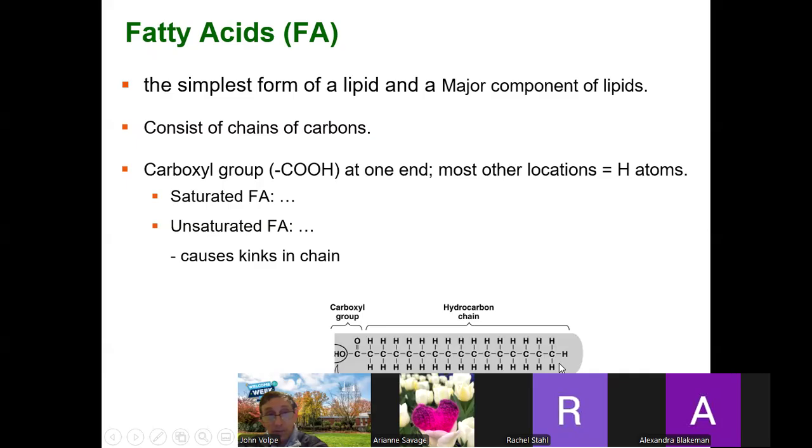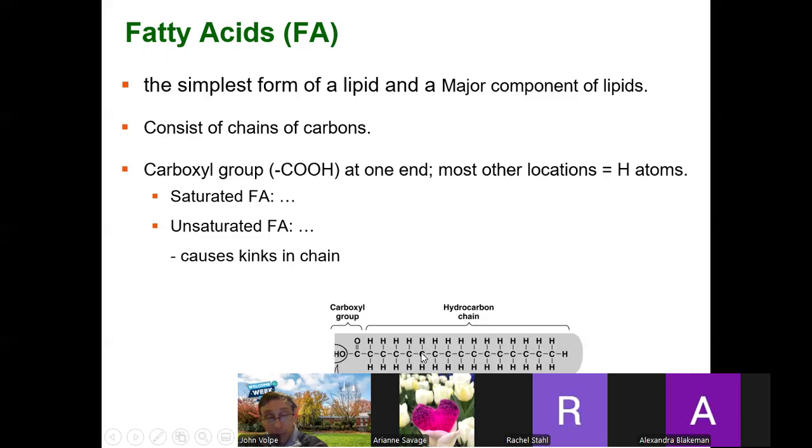We have two types of fatty acids: a saturated fatty acid, shown here, where all of the carbon links are a single carbon bond. So this is a saturated fatty acid. We also have an unsaturated fatty acid, which has a double carbon bond linking the carbons together.